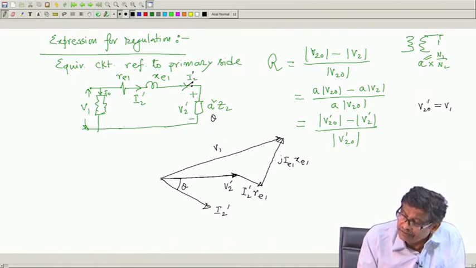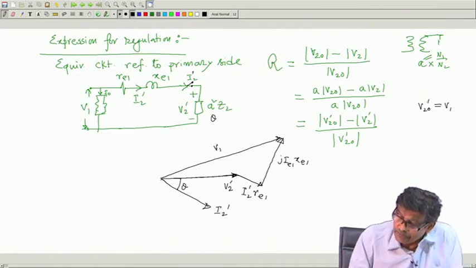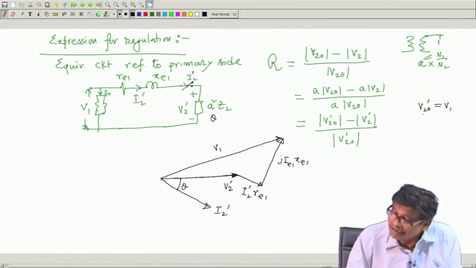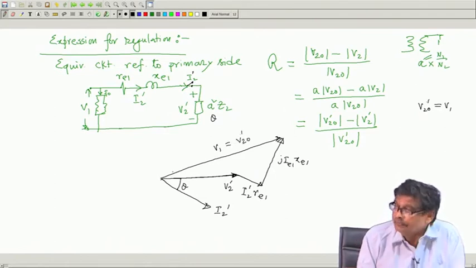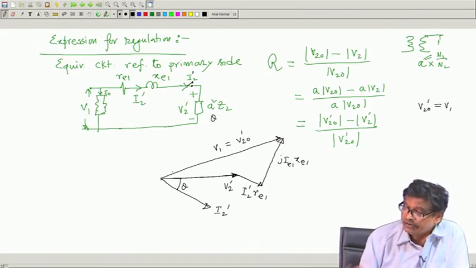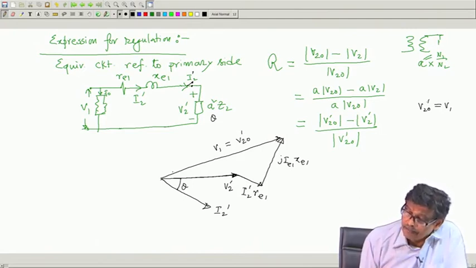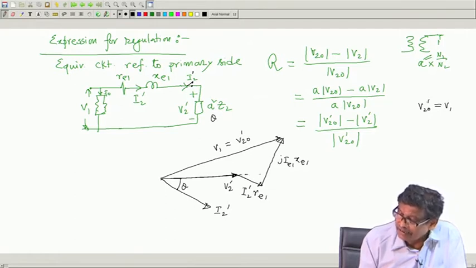This is V1, and this V1 is nothing but V2 dashed at no load. You must understand this point. So, this angle is theta.